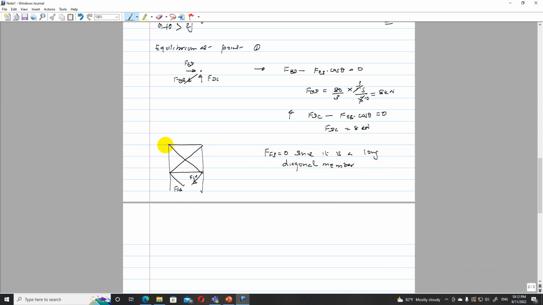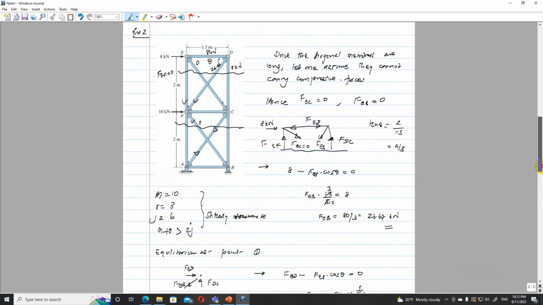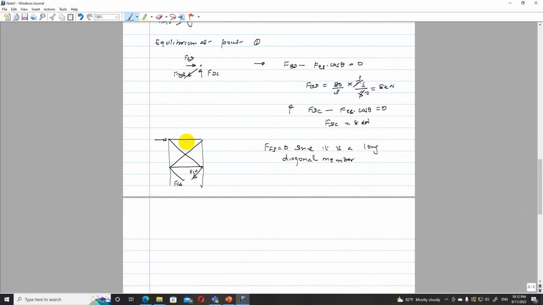So if I take these external forces, 8 and 10, 8 kilonewton here, 10 kilonewton here. So now 8 and 10 is going to apply a lateral force, and then here this is a zero force member, these two are vertical, only this horizontal component will carry it. So if you balance it, 8 plus 10 minus FCA cos theta.